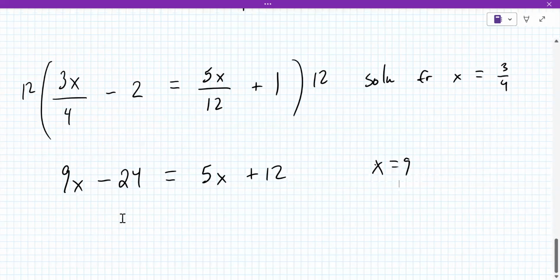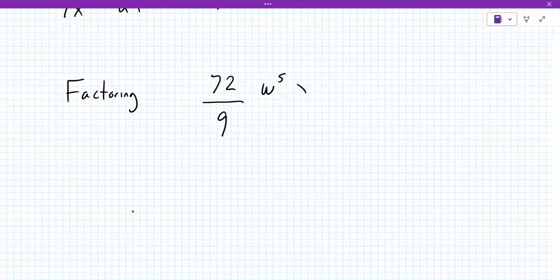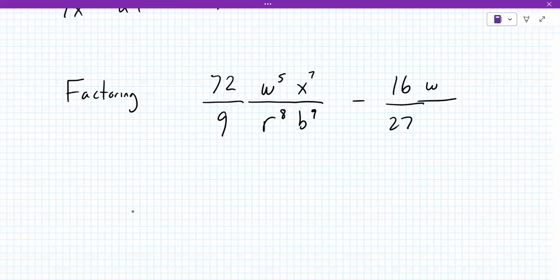Okay. Now you almost certainly will get a problem like this where they tell you to do some factoring. But unfortunately, it's not the kind of factoring that you're thinking of. It's like 72 over 9, w to the 5th, x to the 7th over r to the 8th, b to the 9th, minus 16 over 27, w squared, x to the 9th, r to the 10th.